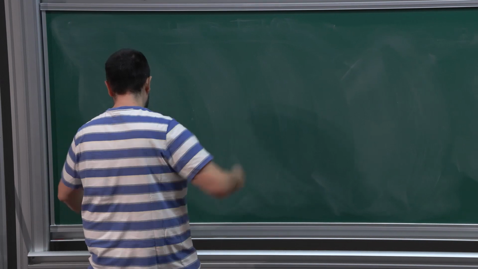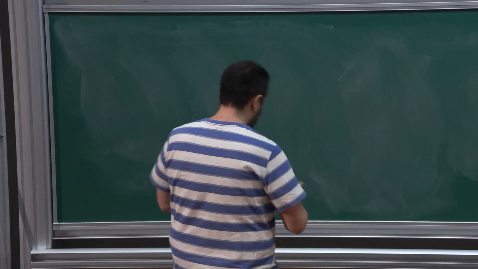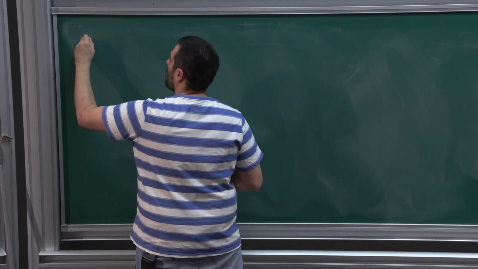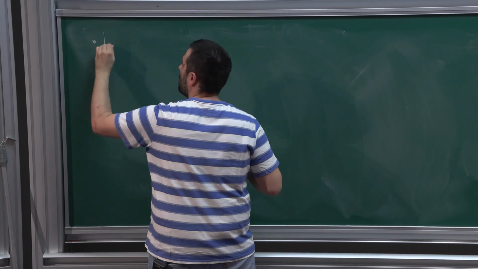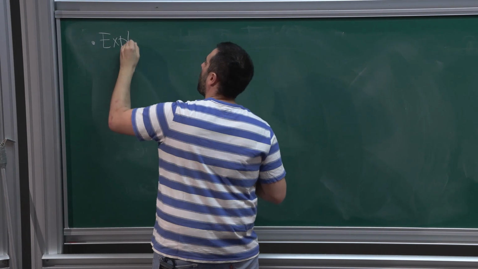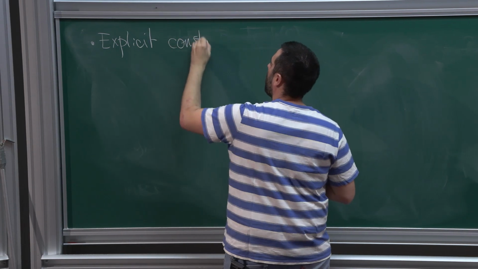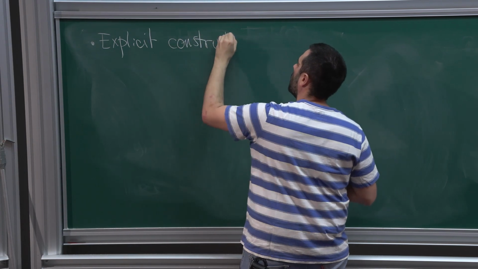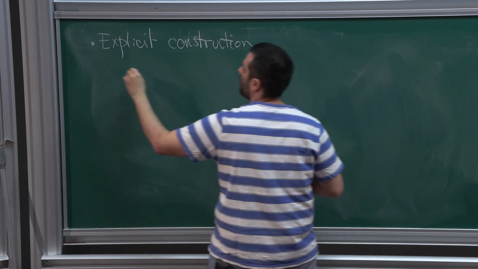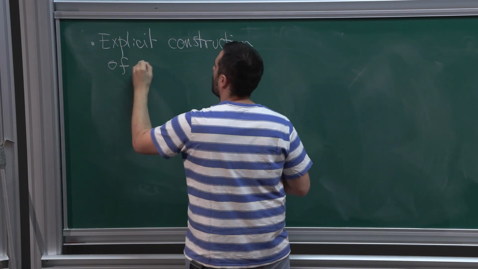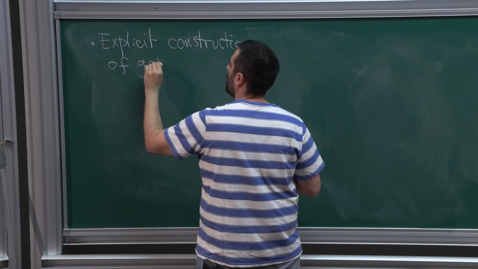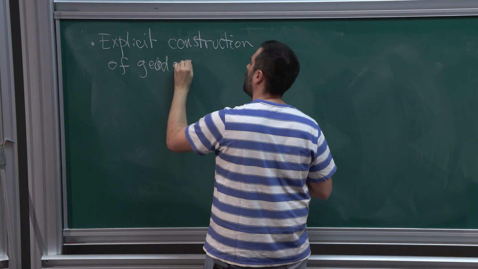So I think that the basic ingredient to show that theorem is that Thurston gives an explicit construction of geodesics for this metric. They're called straight lines.